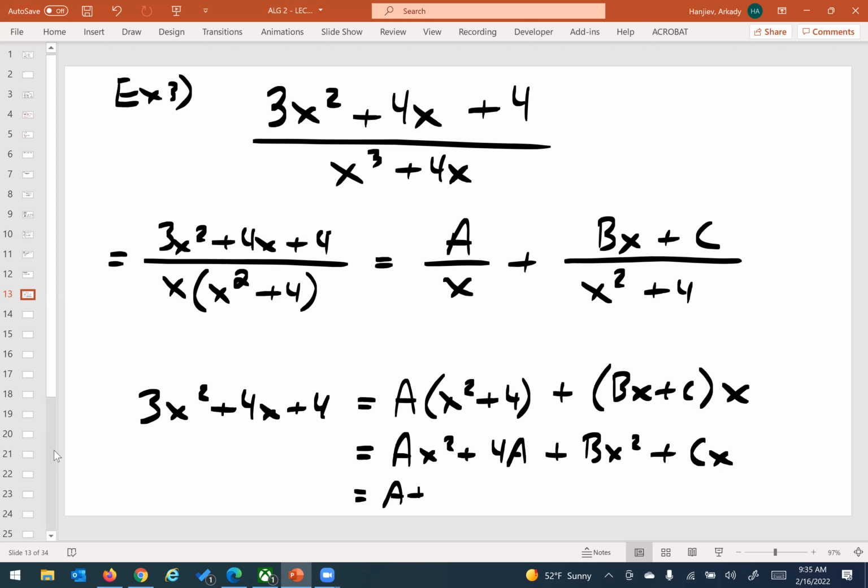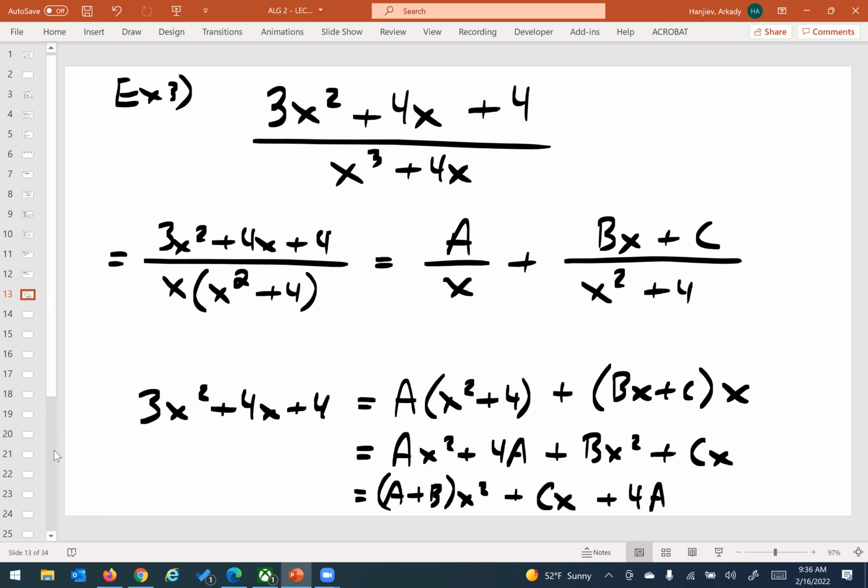So this is a plus b to the second power. And let's see what else we have. We have c times x, that's it by itself. And then we have a 4a by itself. I thought that was easier when we multiply by 0 to find the a, so that way you can just look and say, oh, cancel out that first one, cancel out the c, so then 4 equals 4a, so a equals 1. Perfect.